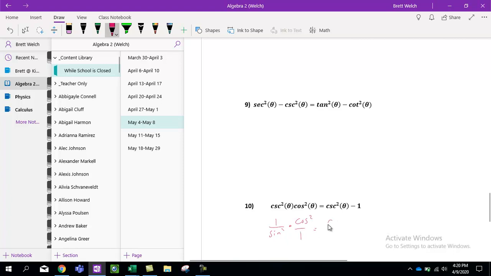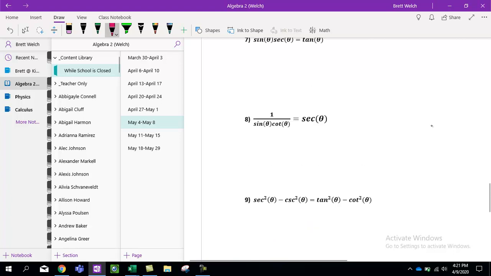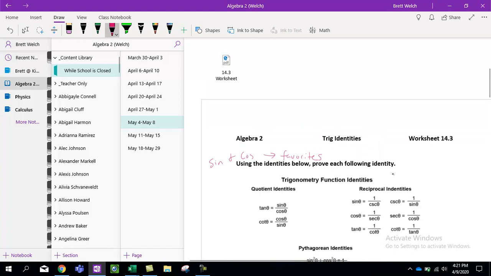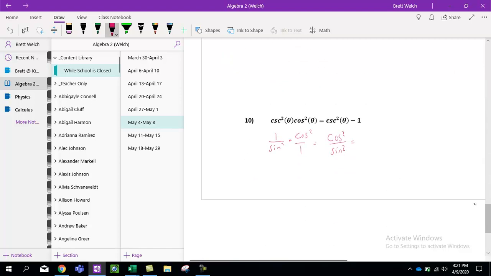When I multiply those, I would get cosine squared over sine squared, which equals, now cosine over sine, come back up to our definitions, cosine over sine, okay, cosine over sine is cotangent. So if we come back down here, this would equal the cotangent squared of theta.